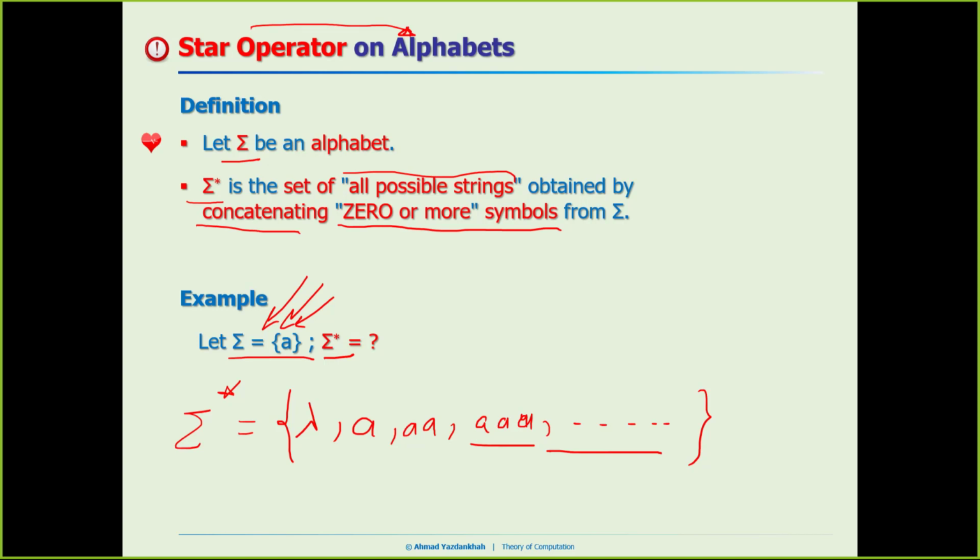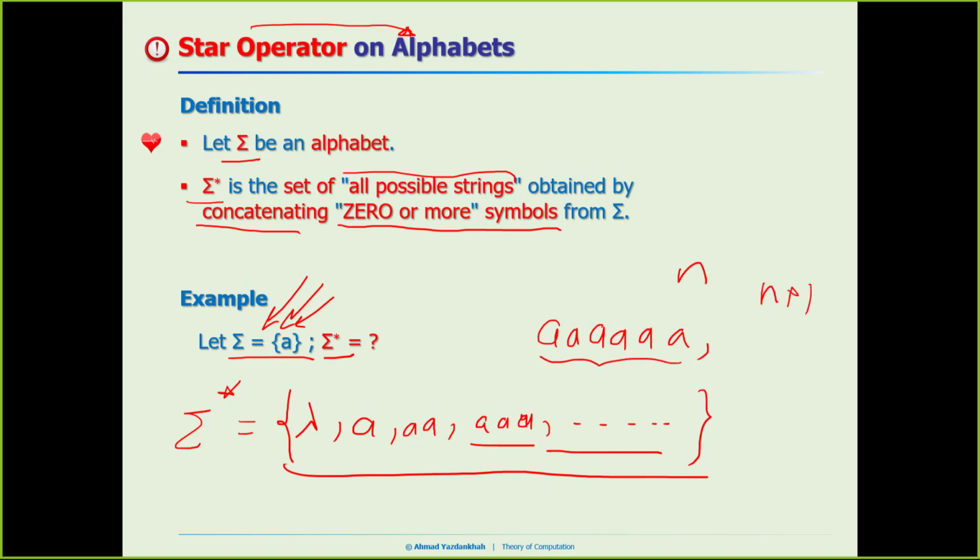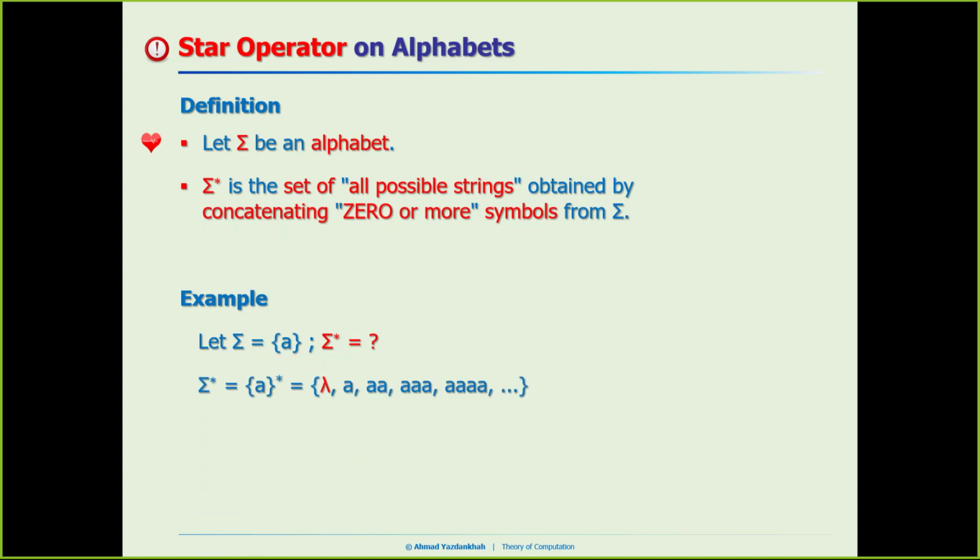But this set can be infinite, because when you concatenate, let's say, n times, the next one will be n plus 1. So you can create another string, another string, another string, yeah? So sigma star is an infinite set.